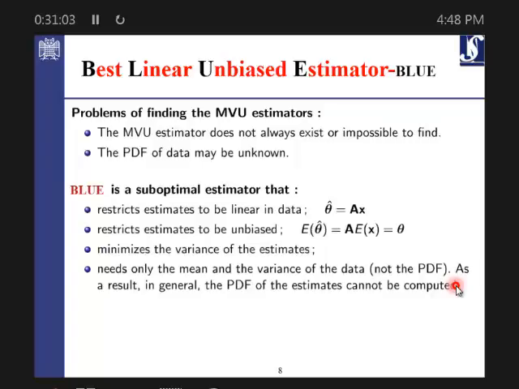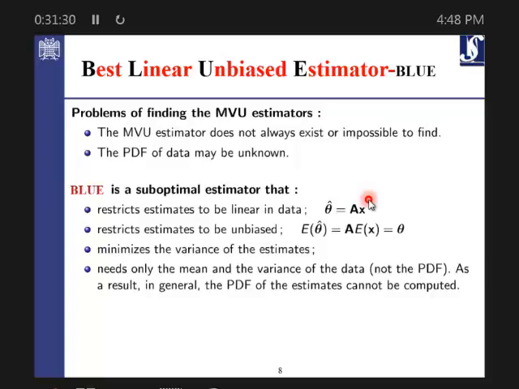Linearity means that your estimate, that G function that I explained already, is a linear function of the observation. So theta hat is nothing but AX.